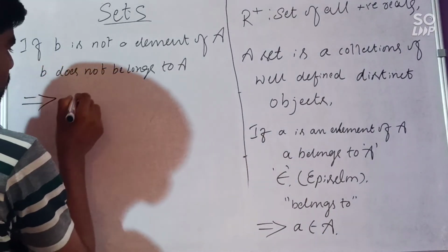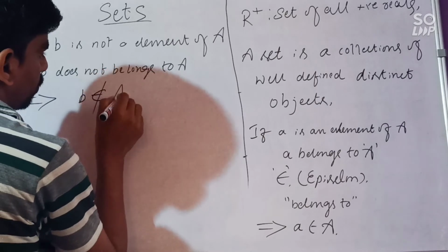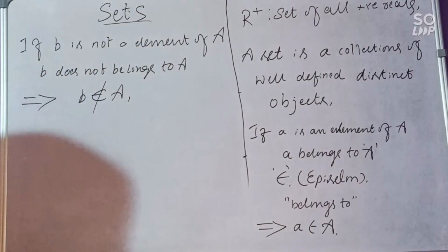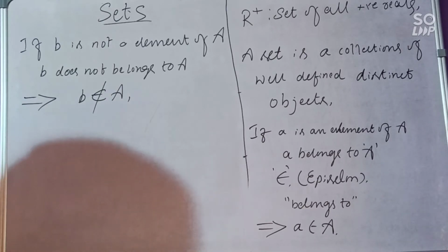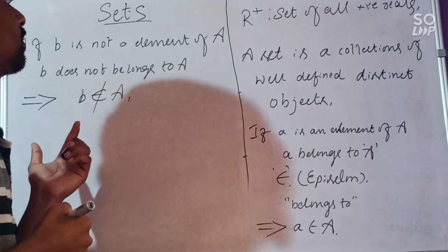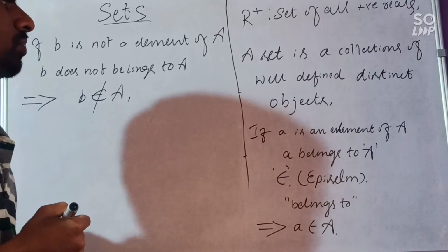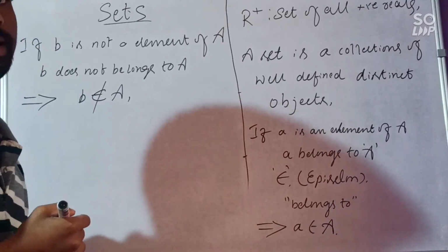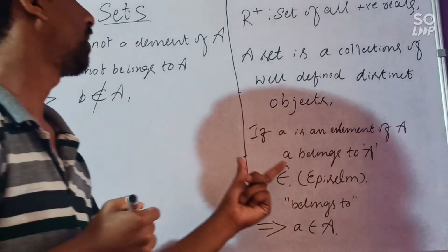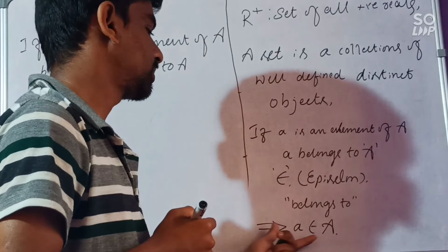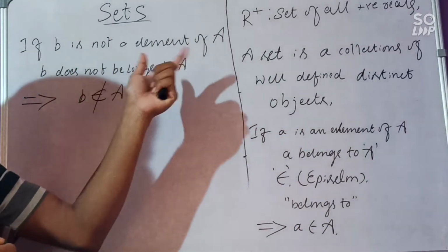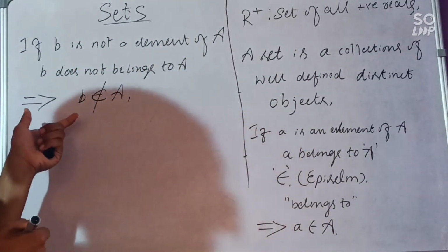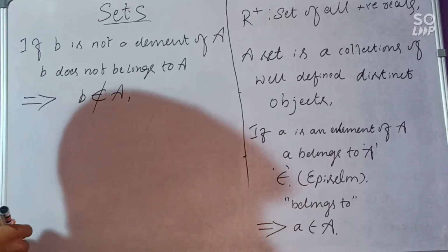It implies b does not belong to A. In this, if some element belongs to a set A, then we use the symbol epsilon, and it implies a belongs to A. If an element does not belong to A, then we write it implies b does not belong to A.